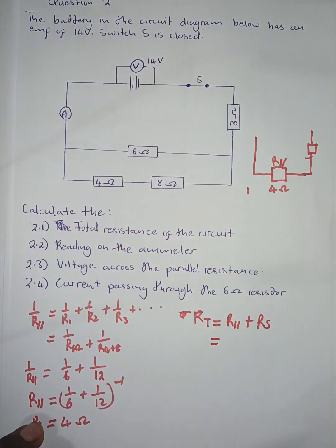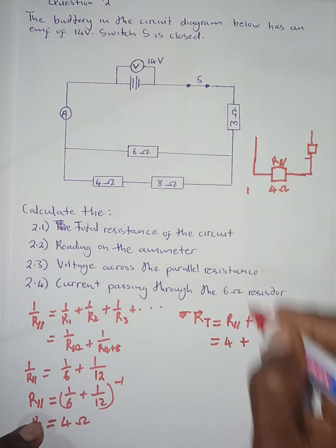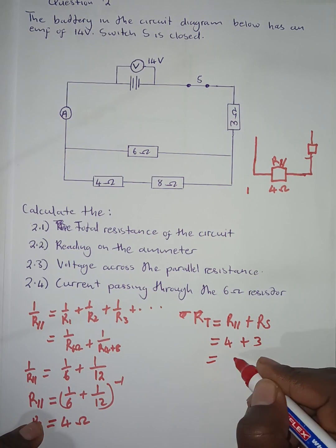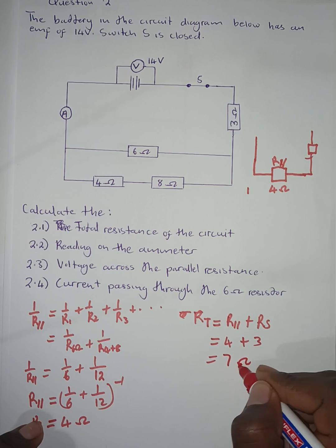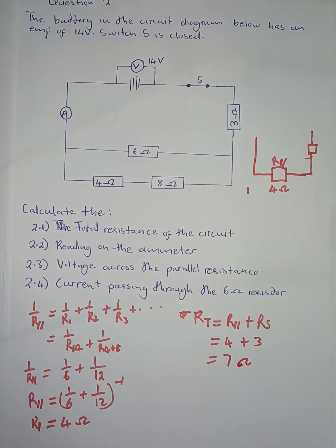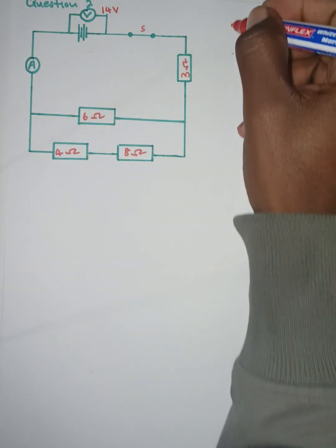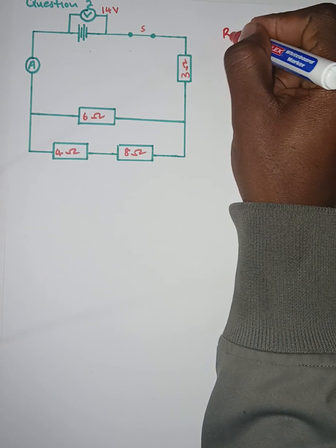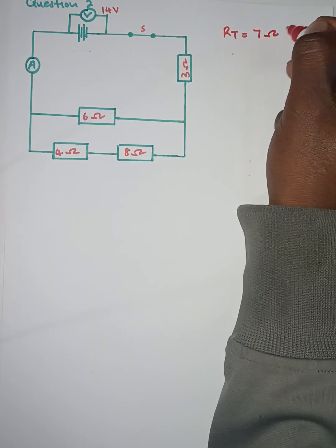So this would be 4 ohms, 4 plus 3, and what you're going to get there is 7 ohms. That would be the total resistance of the circuit. So I'm just going to write that down. We found that our R total was equal to 7 ohms.